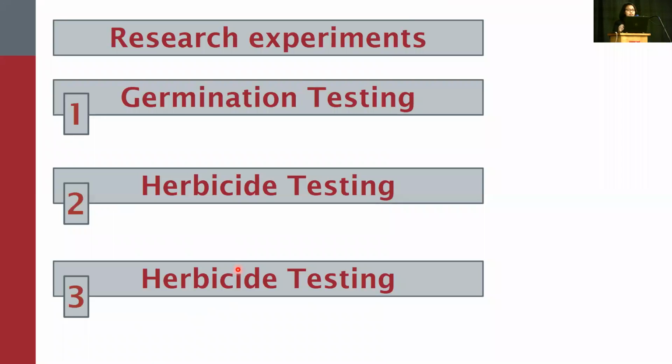In order to get a little idea about how to control this type of weed, we set up several experiments. We did germination testing and two herbicide tests during fall and spring. First of all, I will talk about the germination testing.